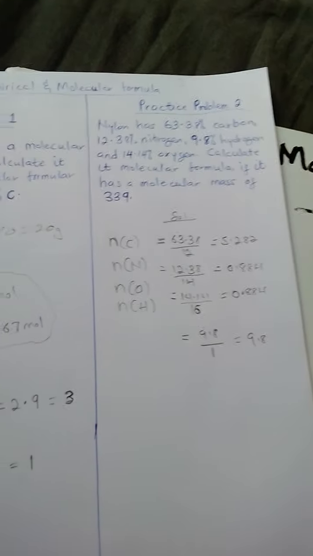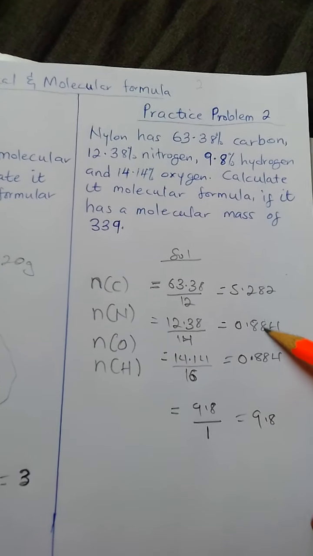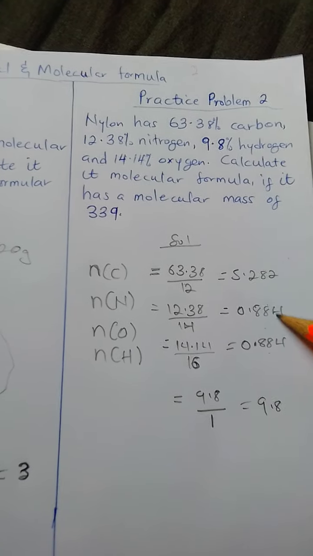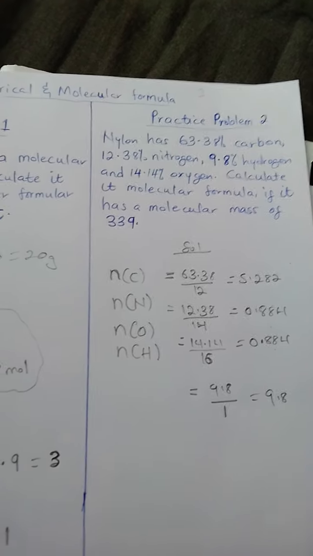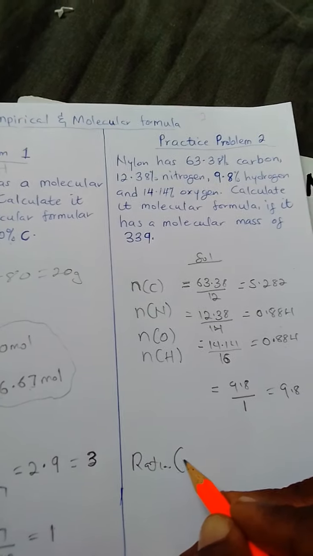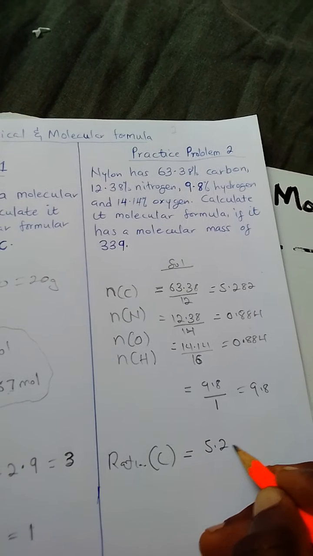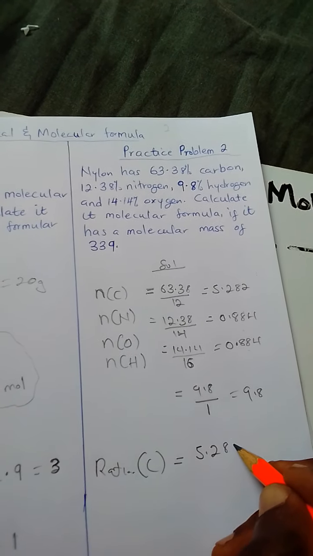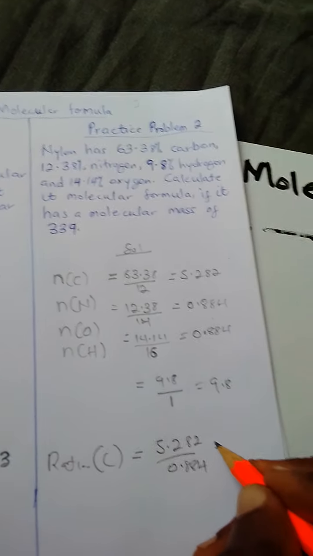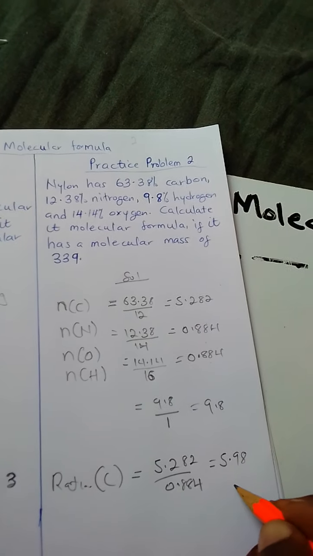The next step, as we did for the first one, is to divide each of these numbers of moles by the minimum figure. Here, 0.884 is the minimum figure. So the ratio of carbon is 5.282 over 0.884, and that gives you 5.98, which is approximately 6.